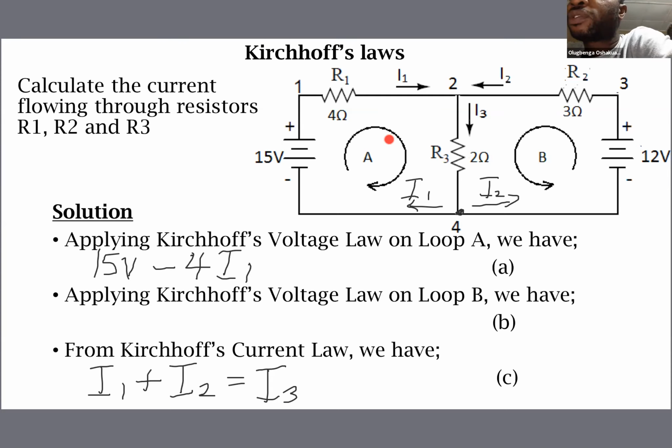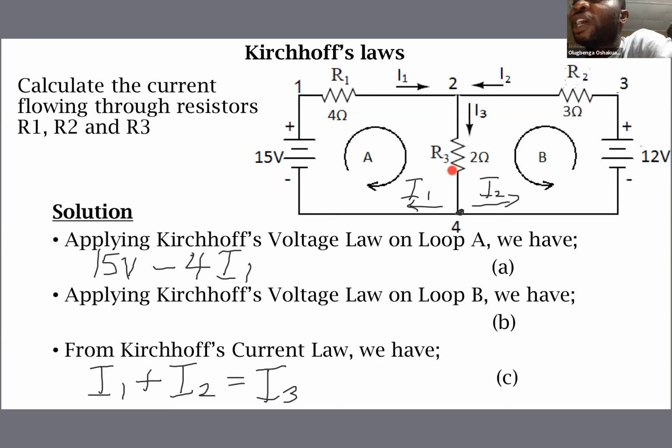Then coming to this resistor R3, the direction with which we are navigating the loop also agrees with the direction of current I3. That means a voltage of I3 R3 will also drop.